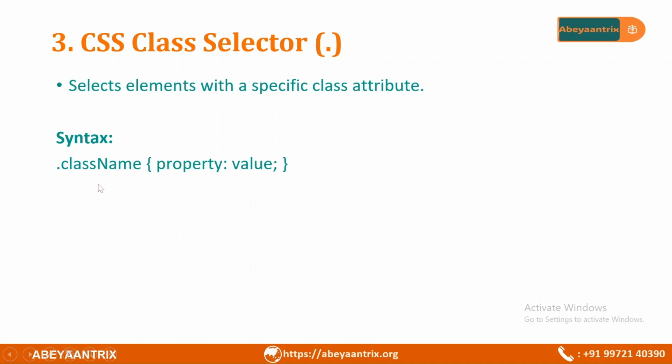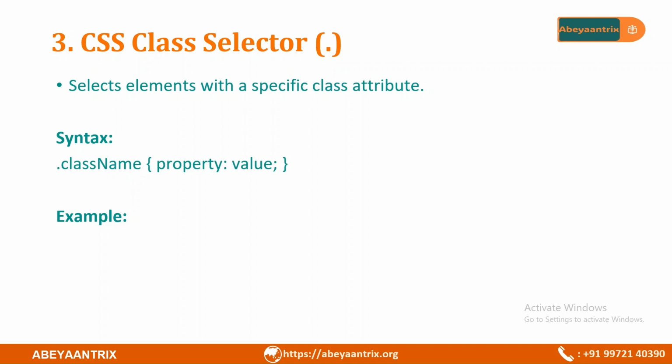Unlike IDs, multiple elements can have the same class. Just as in the last ID selector example, if we are having multiple paragraphs, and you want to group two or three paragraphs with combined styling, you are going to use the class.